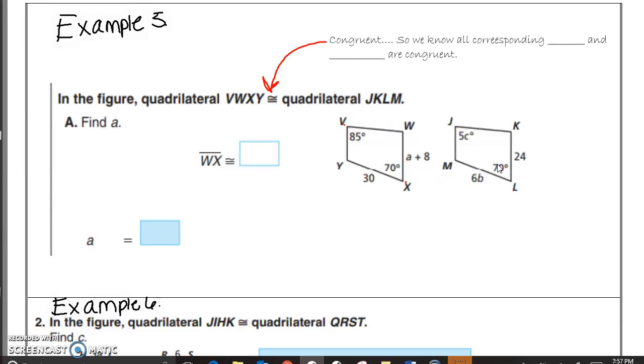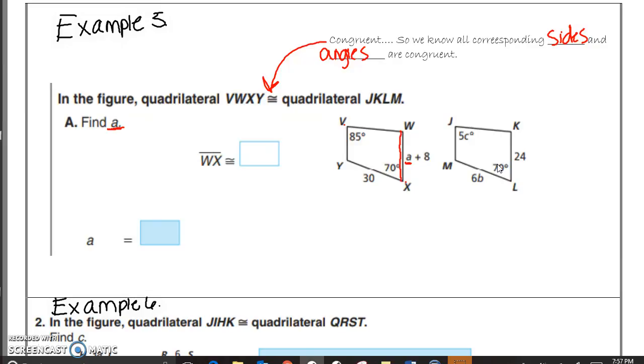Okay, so it's congruent, so we know that all corresponding sides and angles are congruent. We don't need to prove that. We're looking for A. So here's A, and that is this side, that's WX.